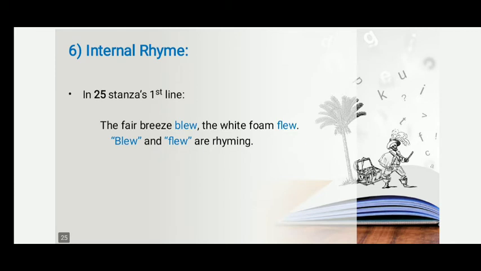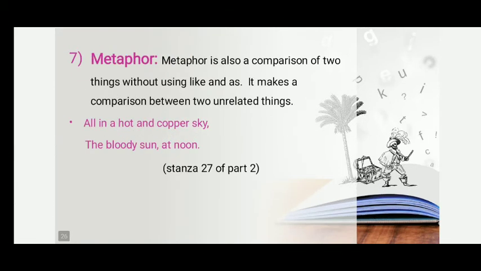Now, the sixth literary device in the second part of this poem is internal rhyme. In the 25th stanza, first line: the fair breeze blew, the white foam flew. The seventh literary device in the second part of this poem is metaphor.